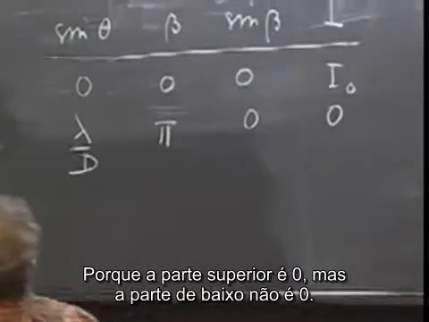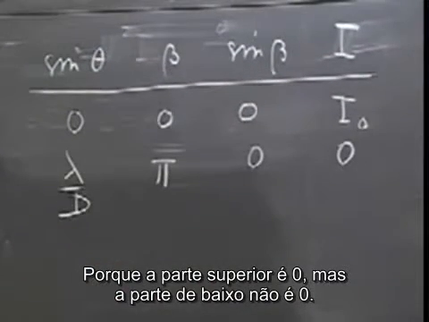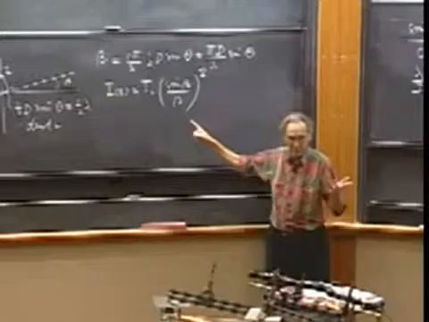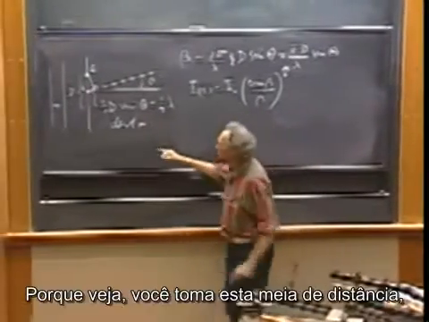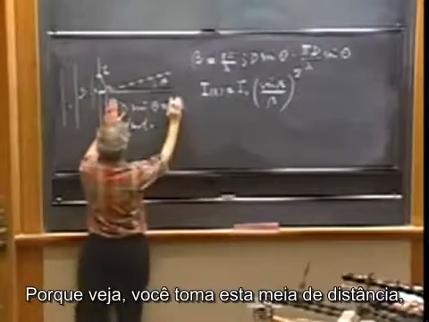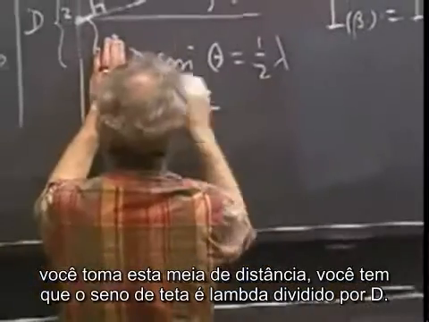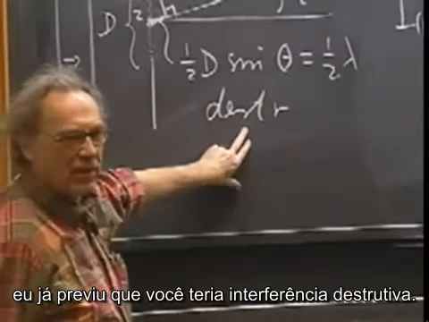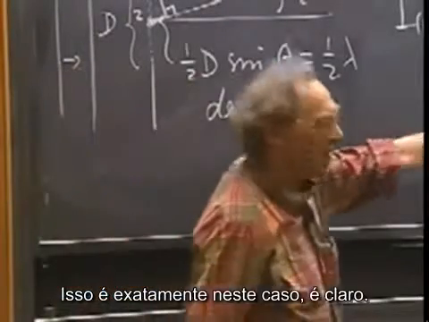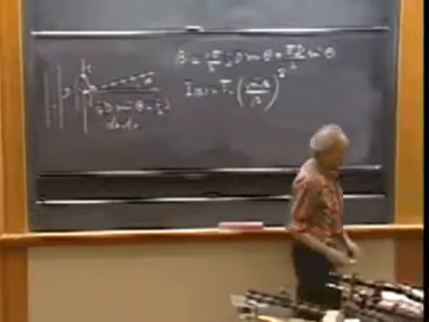Because the upstairs is 0, but the downstairs is not 0. Because look, if you take this half away, and you take this half away, you get that the sine of theta is lambda divided by d. I already predicted that you would have destructive interference. That's exactly this case, of course.